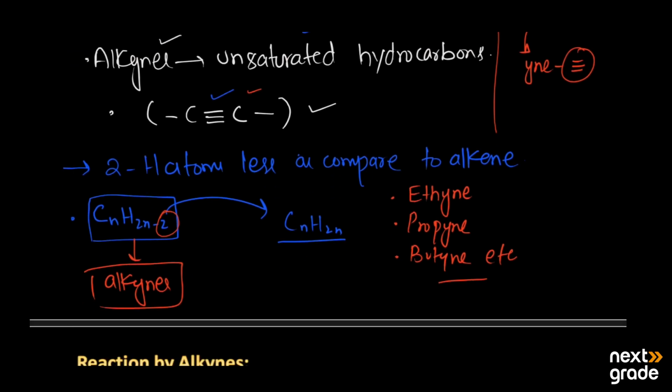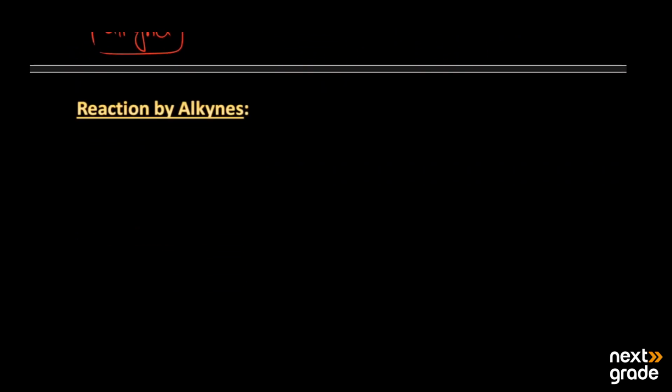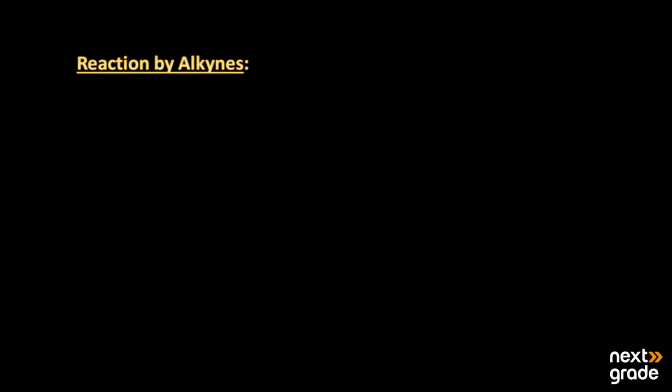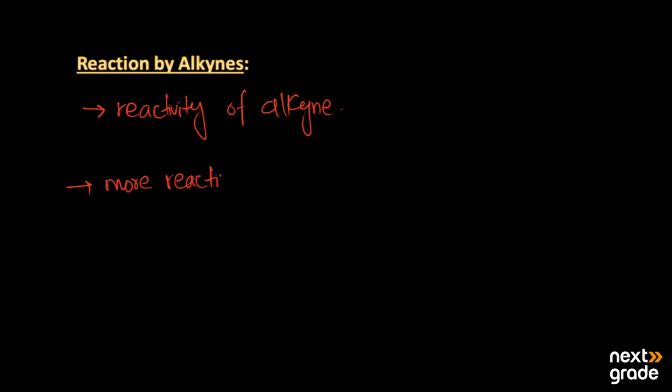So let's have a look at the reactions of the alkynes. If we talk about the reactivity of the alkynes, alkynes are more reactive compared to the alkenes and the alkanes.